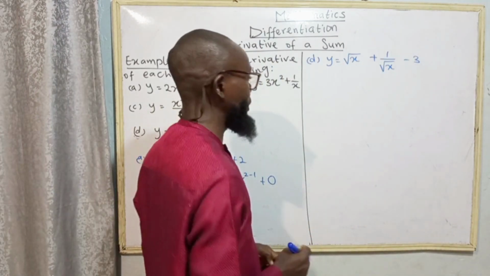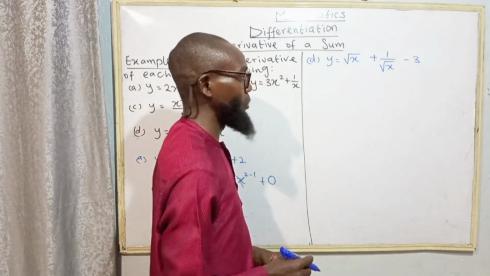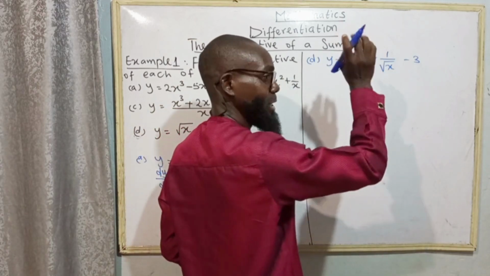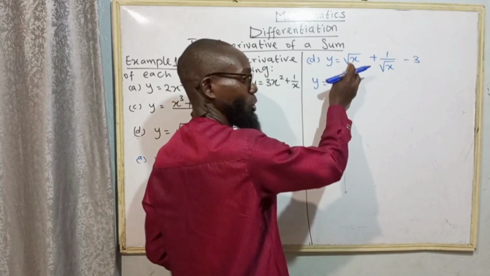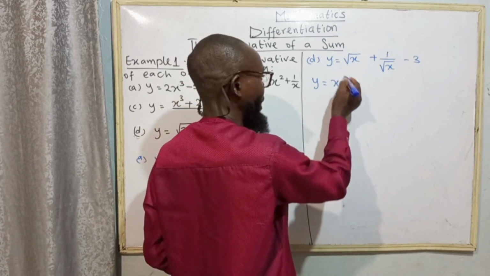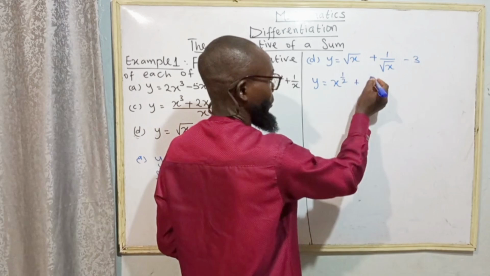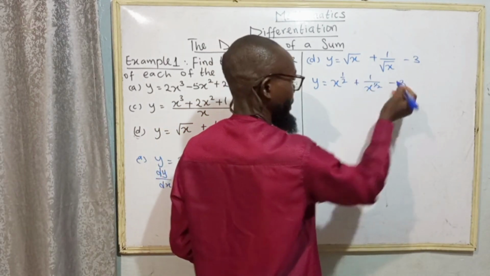Question D, y equals square root of x plus 1 divided by square root of x, minus 3. Let's change this one to the foundation. y equals, square root of x can be written as x to the power 1 over 2, plus 1 over x to the power 1 over 2, minus 3.